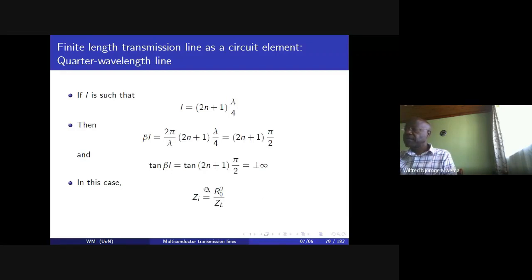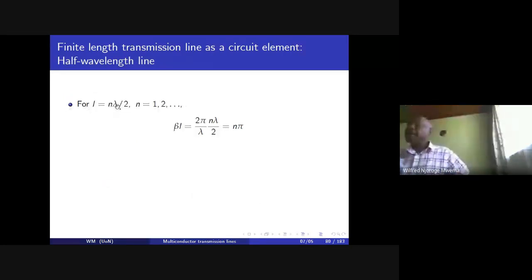So we see that a section of line that is quarter lambda long will have an input impedance that is the characteristic impedance of the line squared divided by the line termination. So for L equal to n lambda by 2, that is, integer multiples of lambda by 2, beta L is just going to be n pi, and therefore the tangent is going to be equal to 0.